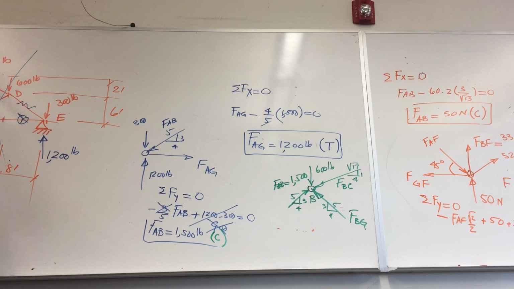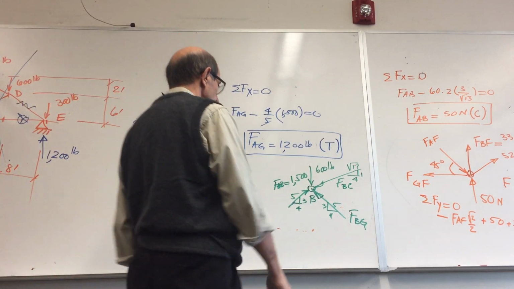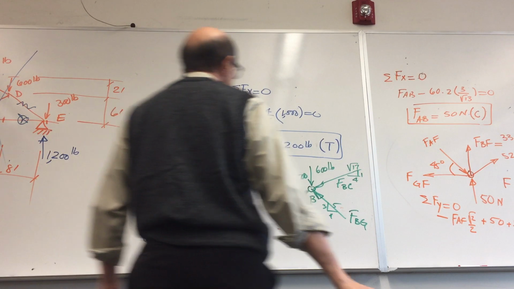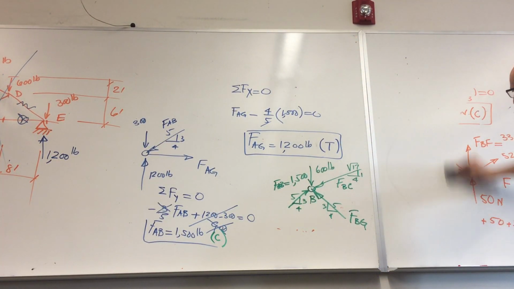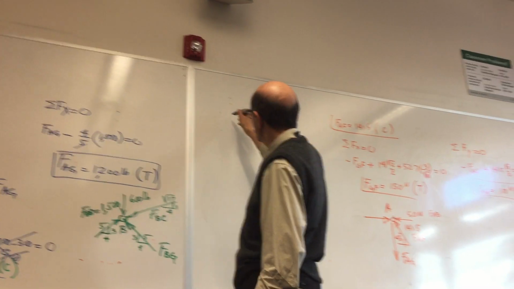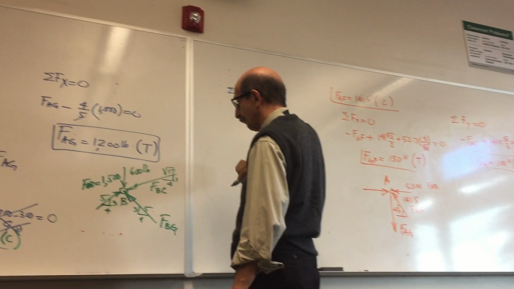Obviously, as you can see, if I write summation of forces along X and Y, you get 2 equations and 2 unknowns, and you solve for those 2 unknowns. So let's just set up the equations. Summation of forces along X is equal to 0.